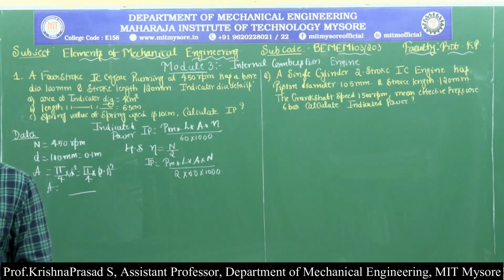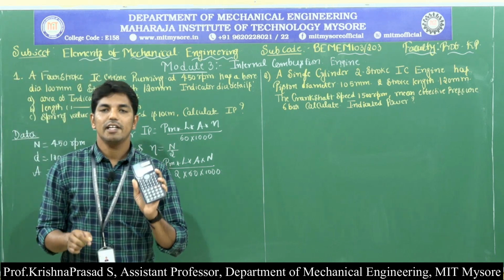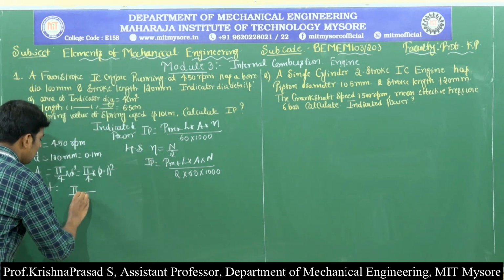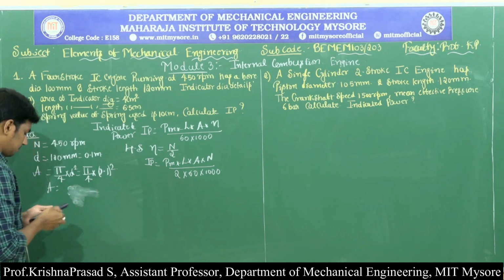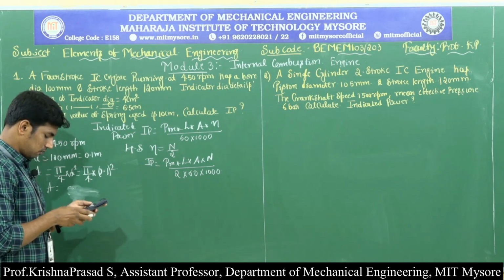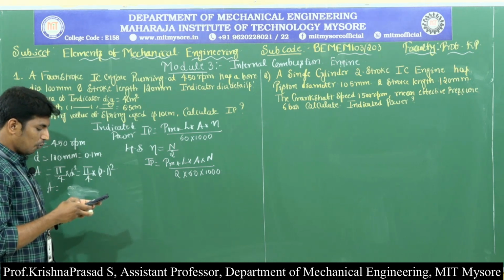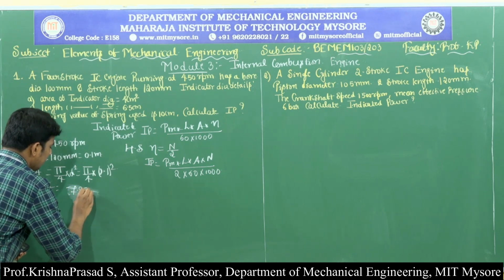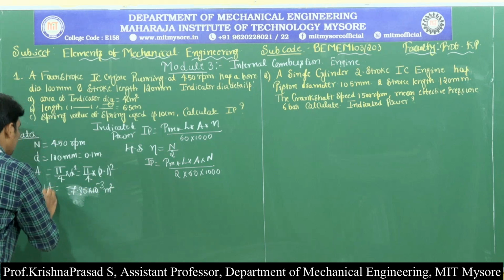So now we are calculating the area. Area is equal to pi by 4 into 0.1 square, that is 0.1 square into pi divided by 4, so area is equal to 7.85 into 10 to the power of minus 3 meter square.